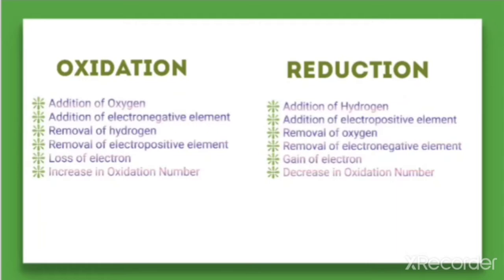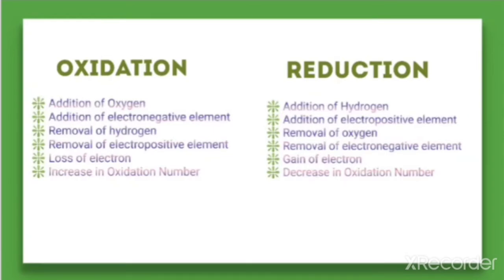In terms of electronegative element, the addition of an electronegative element is oxidation, but the removal of an electronegative element is reduction. In the same way, in terms of electropositive element, the removal of an electropositive element is oxidation, but the addition of an electropositive element is reduction.